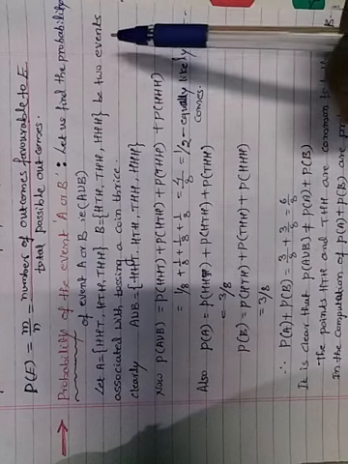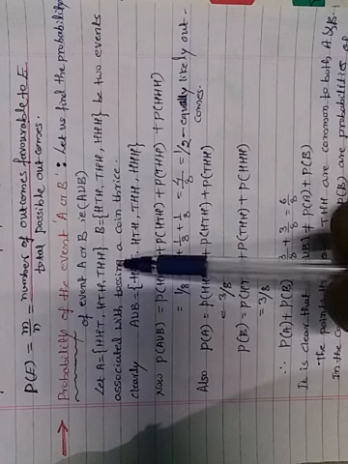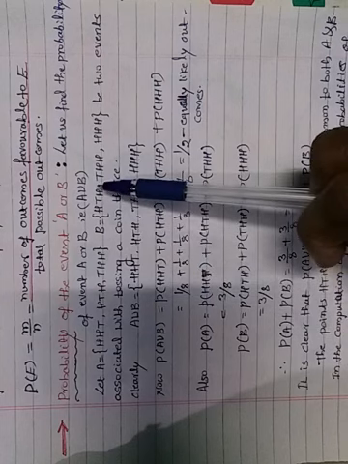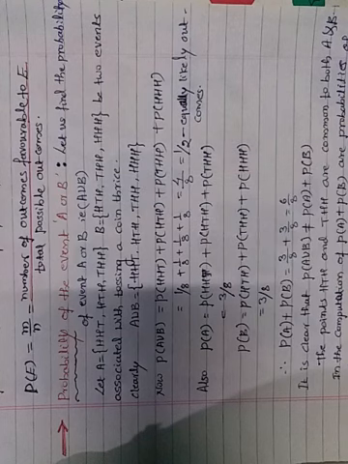Let us find the probability of event A or B, that is A union B. A or B means A union B.